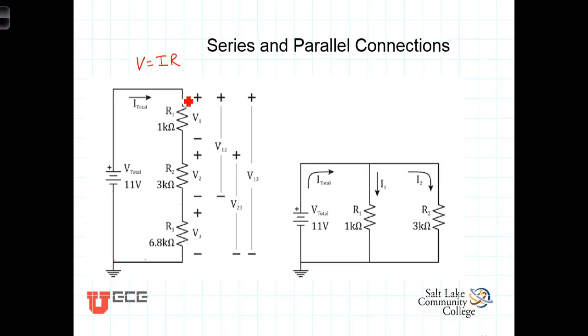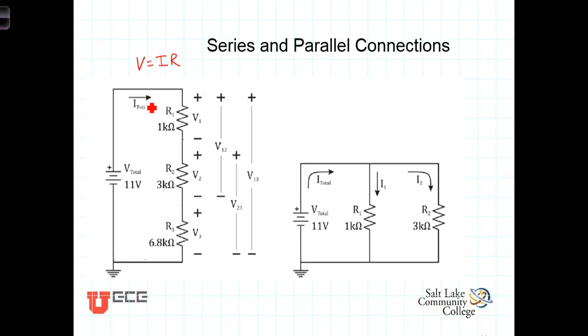It is true that there will be a drop in the voltage, a drop in potential across each of these resistors equal to the current flowing through them times the resistance of each of them.